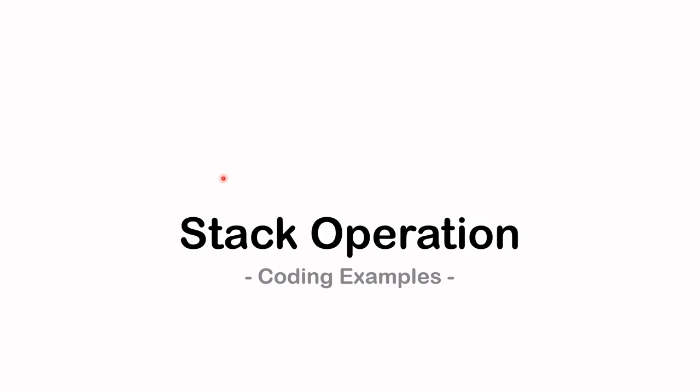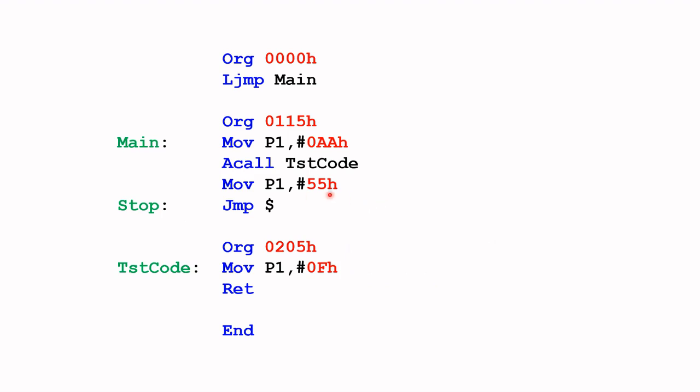Okay, so let's look at the 8051 stack operation. I'll start off with this demonstration example or code. Like any of my programs in my previous video, I'm starting my program at 0000 hexa. Now, I just want to make a point here. When you first power on the 8051, the default start address is always 0000 hexa.